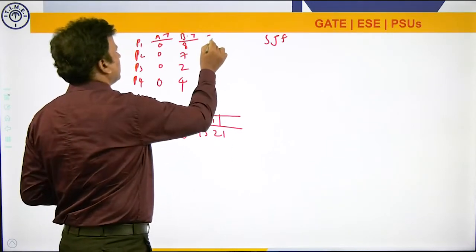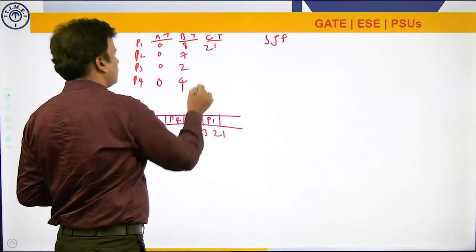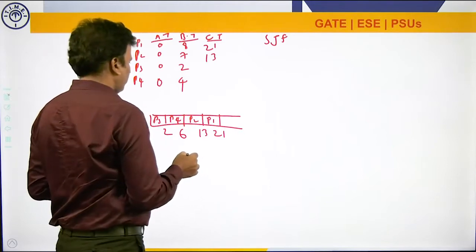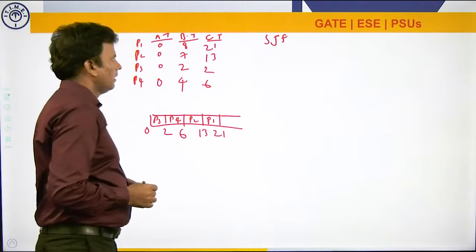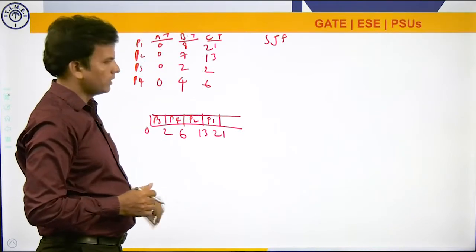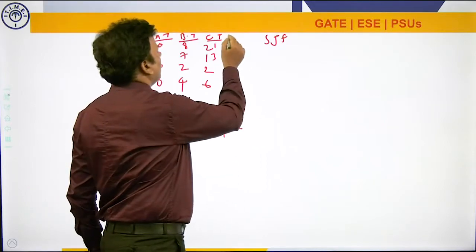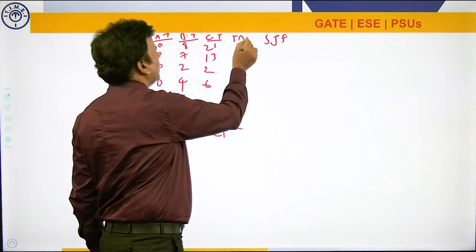So what are the completion times of the processes? P1, 21, P2, 13, P3, 2, P4, 6. Anyhow the total completion time will come to 42, but we need to calculate the average turnaround time.